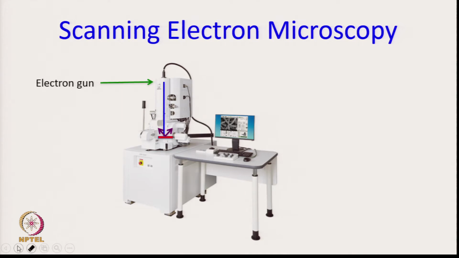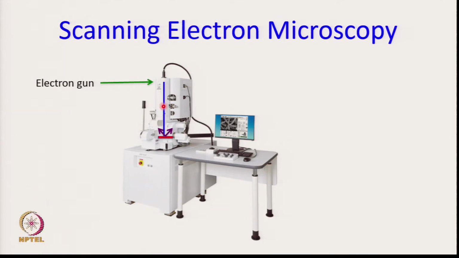So, at the top is an electron gun. This is your column, which is under high vacuum, and there is an electron emitting gun at the top. There are various kinds of guns, I will not go into those details, and this electron gun emits an electron beam.